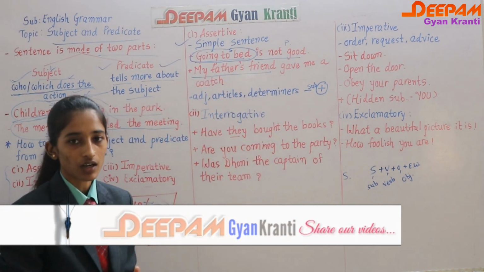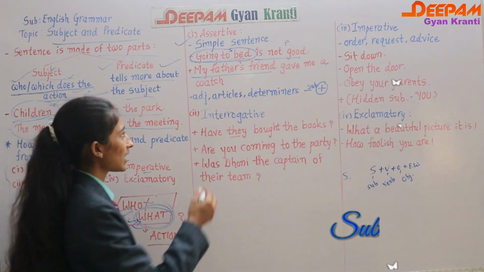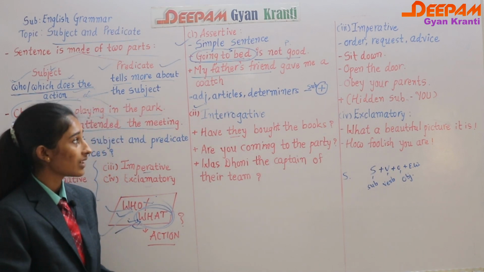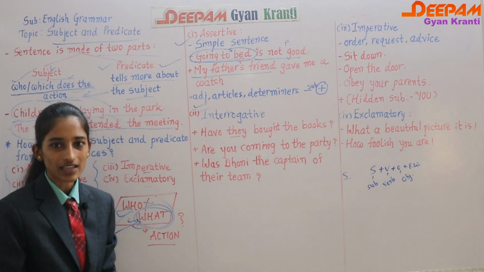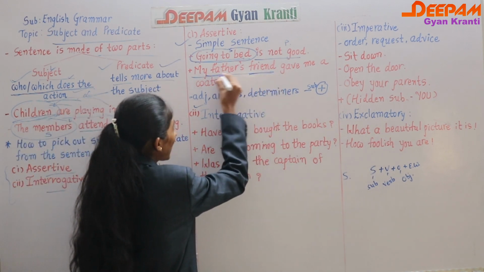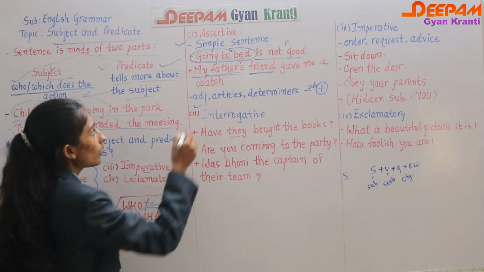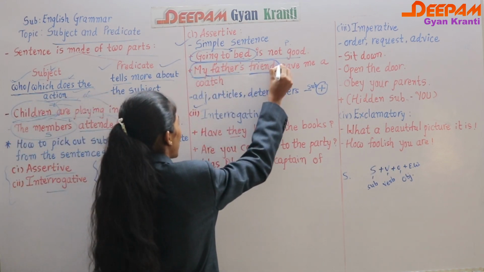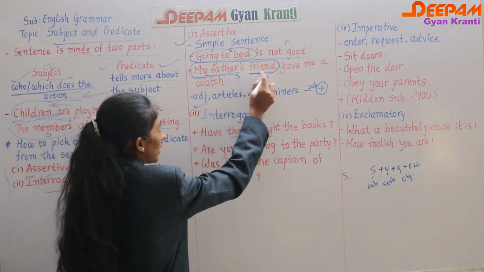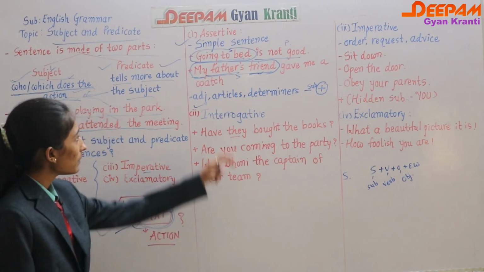Now friends, be careful: whenever an adjective, article or determiner is there in your sentence, you have to add it in the subject. See, actually the subject is friend, but my father's indicates an adjective, so we have to consider my father's friend as the subject. No need to write only friend. Who gave me a watch?